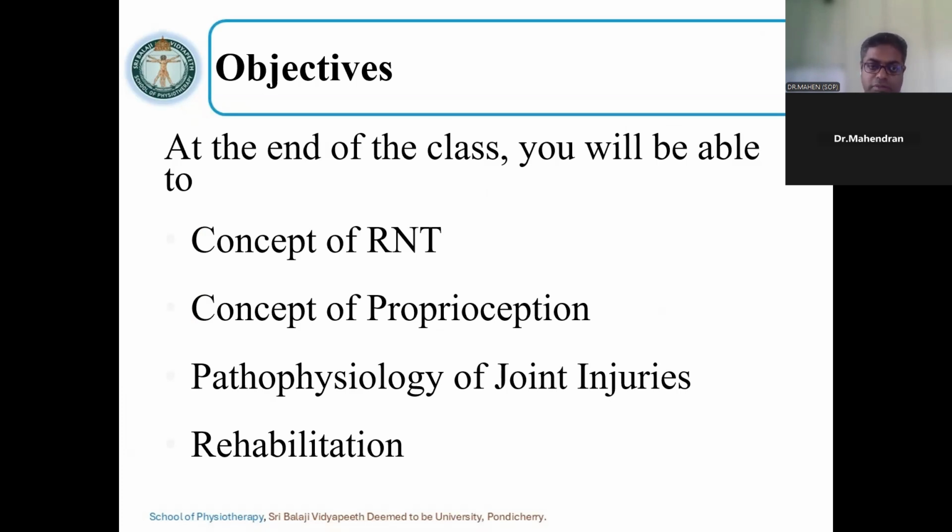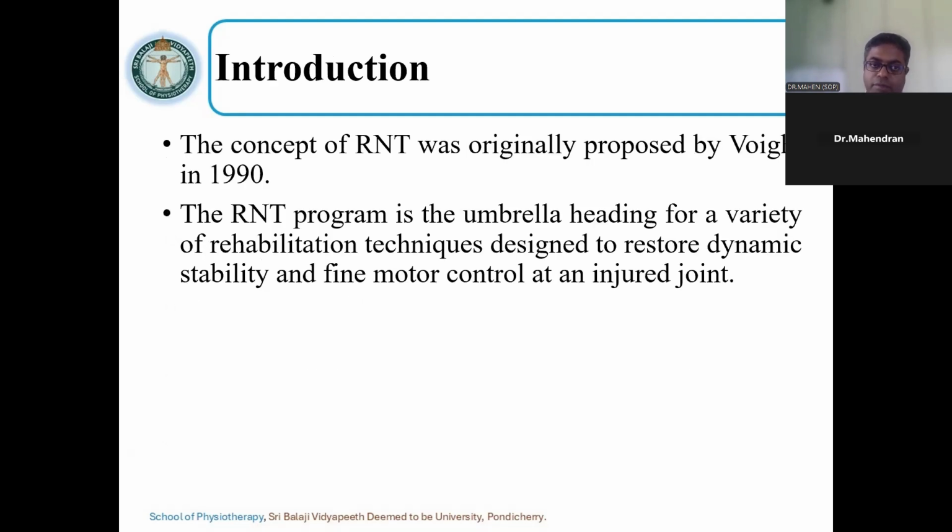We're also going to discuss the concepts of proprioception because the main theme of RNT is to rehabilitate or re-educate the proprioceptors. Then we are also going to see the pathophysiology of joint injuries. And finally, we're going to see a brief look at the rehabilitation perspectives of RNT.